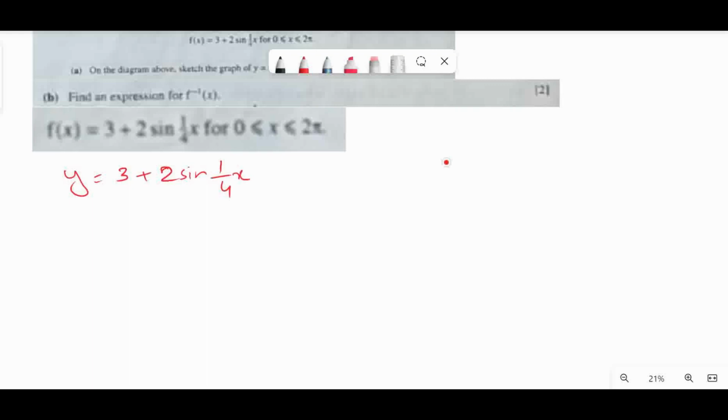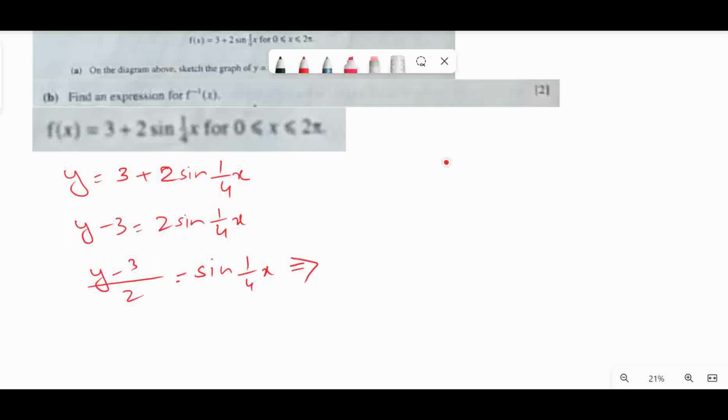Now we can rearrange it. So we can write it as y minus 3 equals 2 times sine of 1 by 4 x, because we want to make x the subject. y minus 3, whole divided by 2, equals sine of 1 by 4 x.